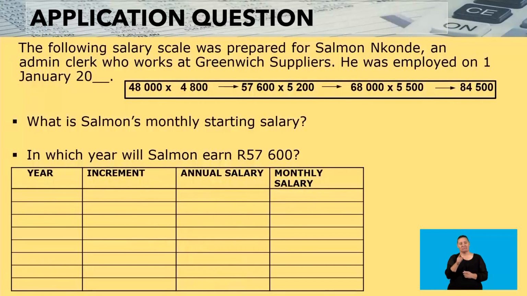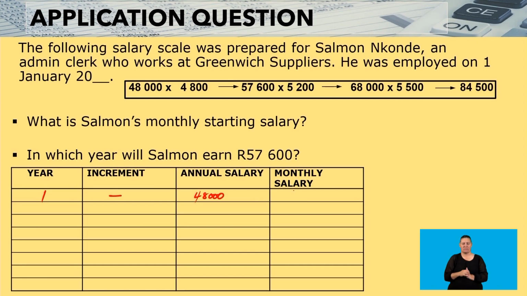Let's get started. The following salary scale was prepared for Salmon Nkonde, an admin clerk who works at Greenwich Suppliers. He was employed on the 1st of January. In year one, no increment, the annual salary will be 48,000.